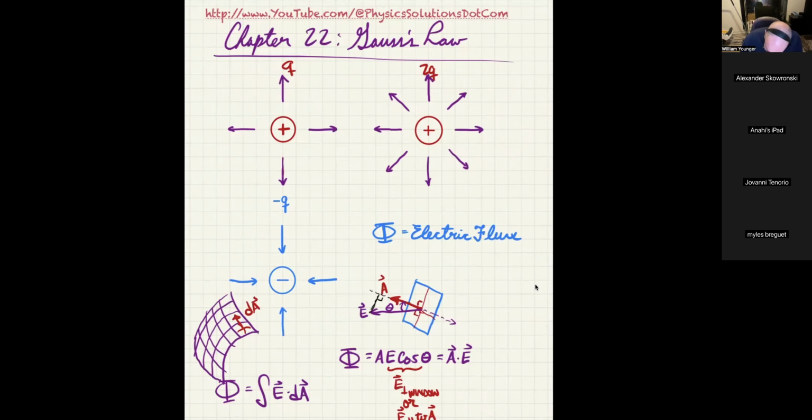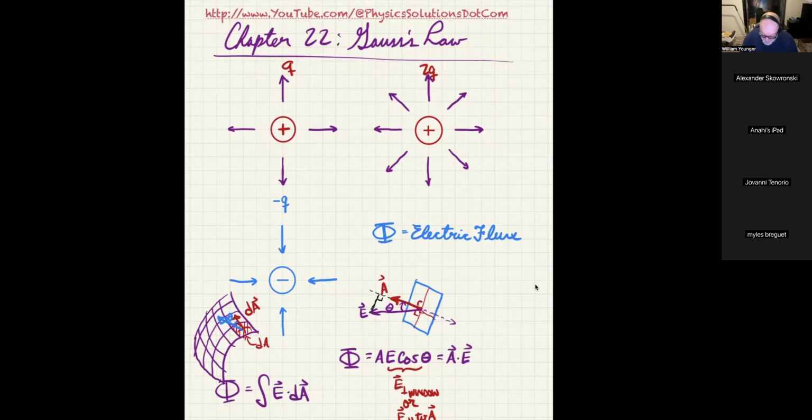So the area inside of this little rectangle is dA, and then the vector is dA with a vector. It has to be perpendicular to that surface, and its magnitude has to be equal to the area of that surface. Then you could compare that with the electric field going through this way, and it would have an angle theta.